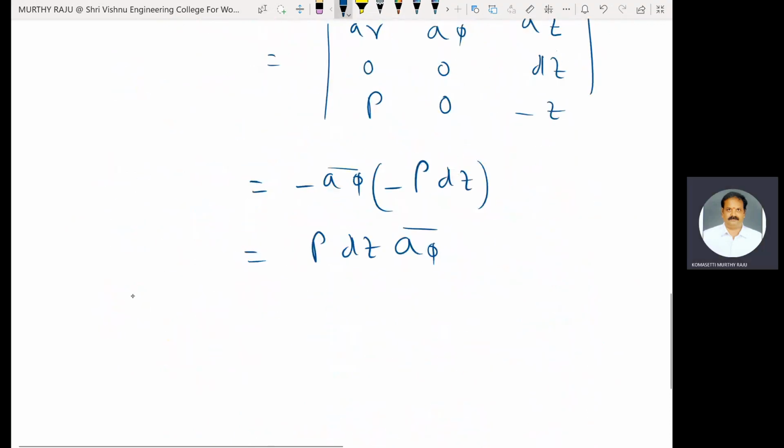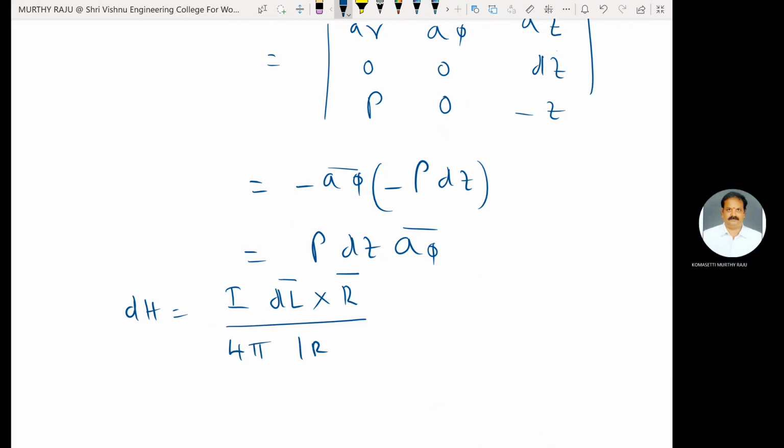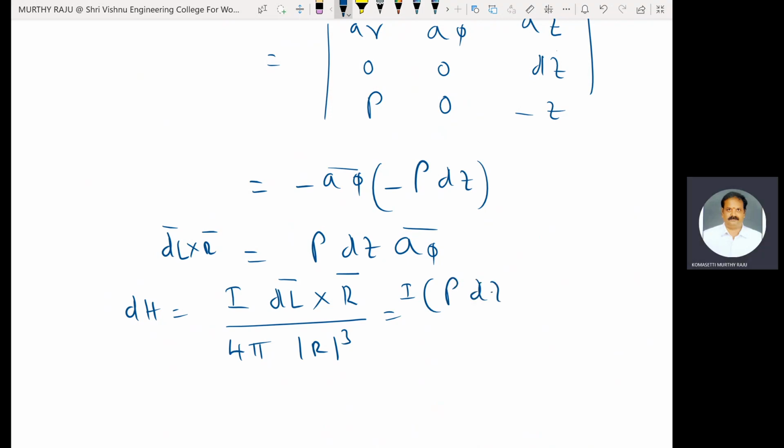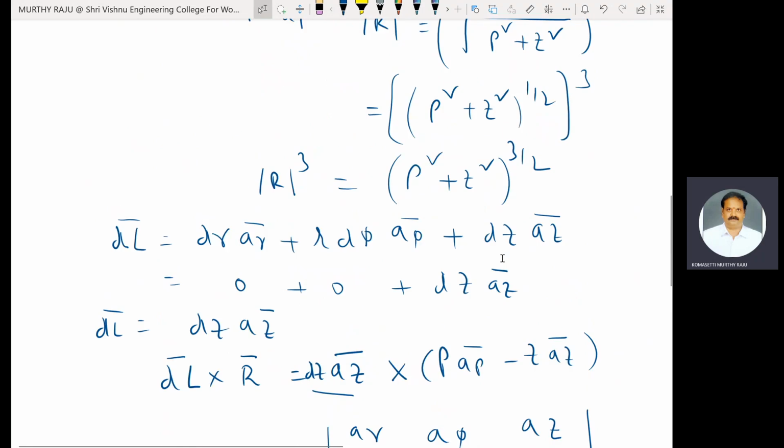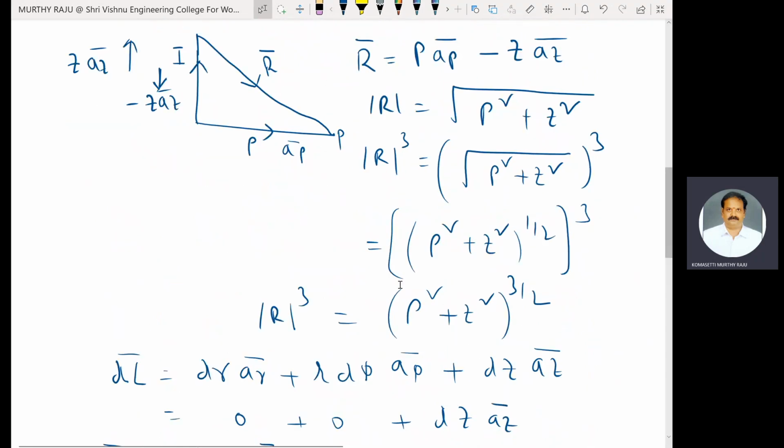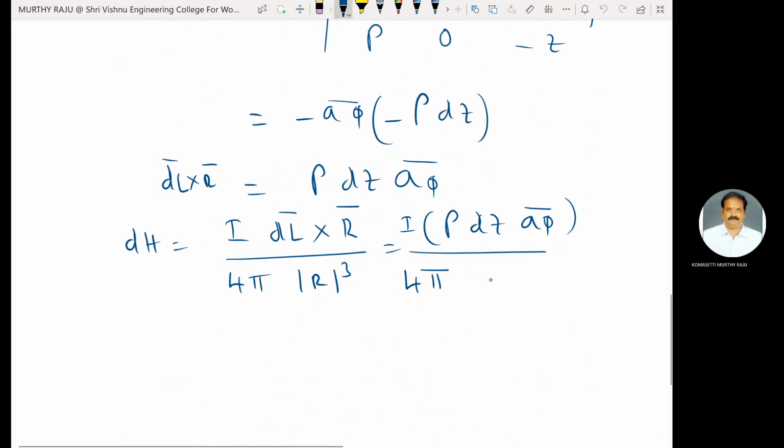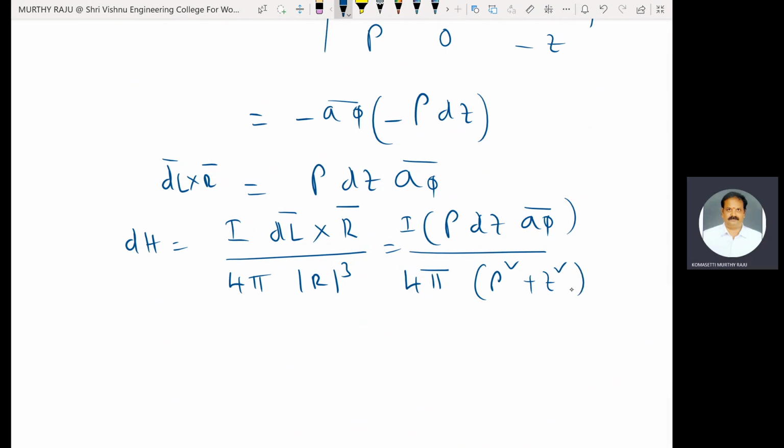Therefore dH is equal to I into dl bar cross r bar by 4 pi mod r whole cube, which is equal to I rho dz a phi bar by 4 pi, where mod r cube value is rho square plus z square whole power 3 by 2.